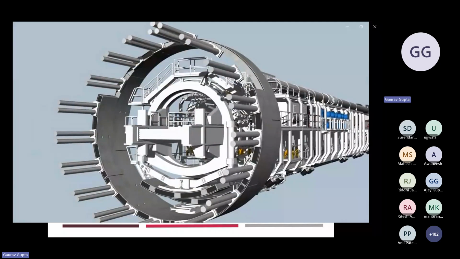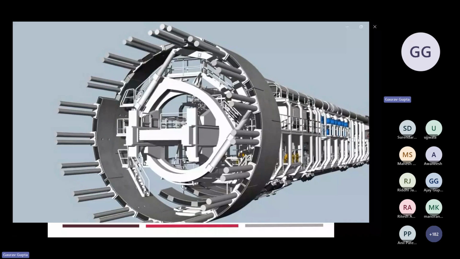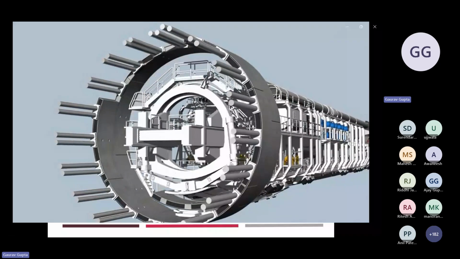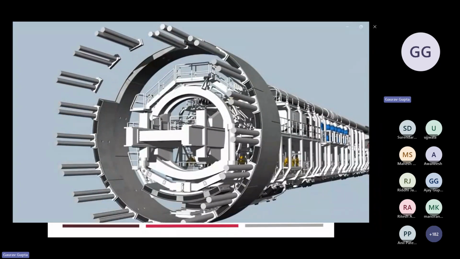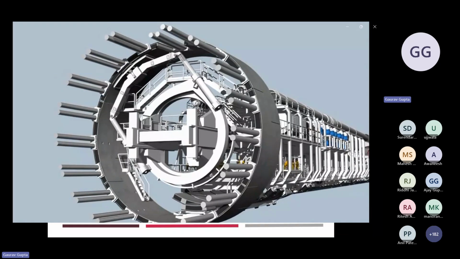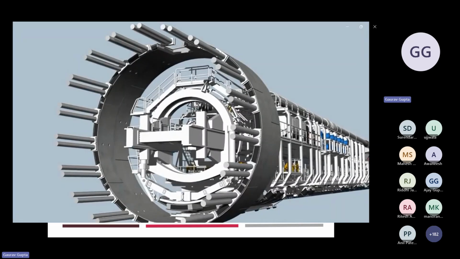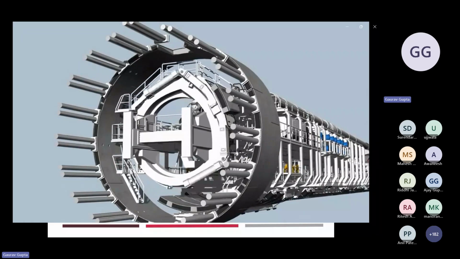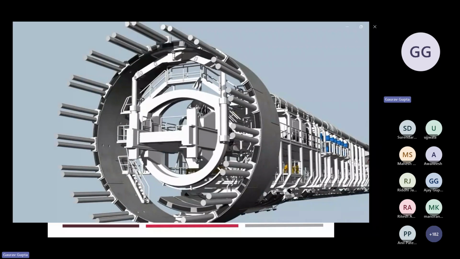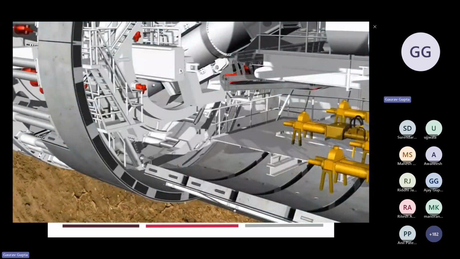Here, the heavy ring segments are picked up and positioned by a hydraulically controlled crane arm, called the erector, using vacuum plates. The erector is installed on two rails and can be moved, rotated, and telescoped.